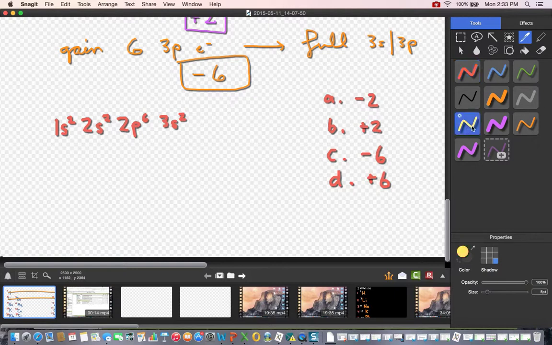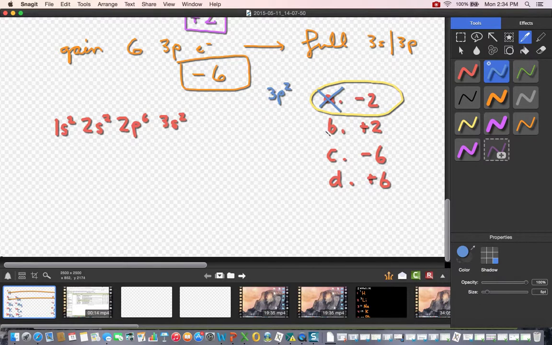So if we look at A, -2, that means we're going to gain 2 more electrons. If we gain 2 more electrons, then I will have 1s2, 2s2, 2p6, 3s2, 3p2. That is not a full octet in the highest energy level. I can eliminate A. If, on the other hand, I have a +2 charge, that means I've lost 2 electrons.